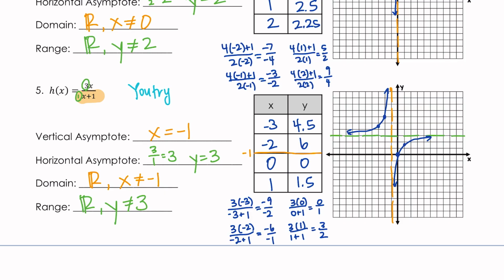So 3 over 1, so y equals 3 is our horizontal asymptote, and our range then is all real numbers except y cannot be 3. Okay. Plugging in points, I plugged in 2 points to the left of negative 1, negative 2 and negative 3, and 2 points to the right of negative 1, 0 and 1. And we got these values, and we're able to plot them.